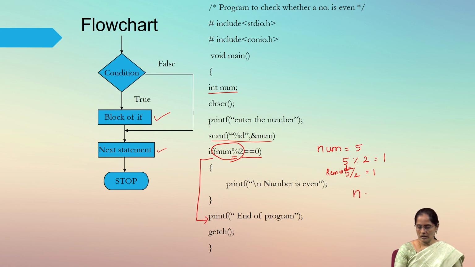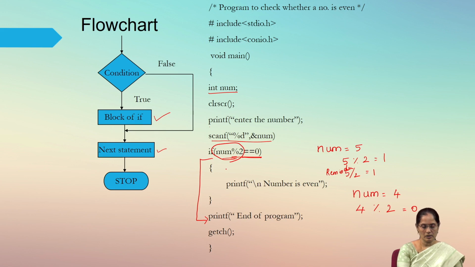Let us take the num value to be 4. 4 mod 2, which is the remainder of dividing 4 by 2, will be 0. So, we again check whether num mod 2 is equal to 0, and the condition becomes true.